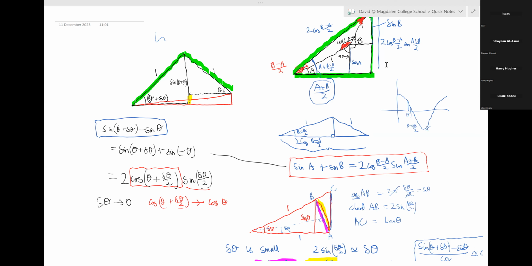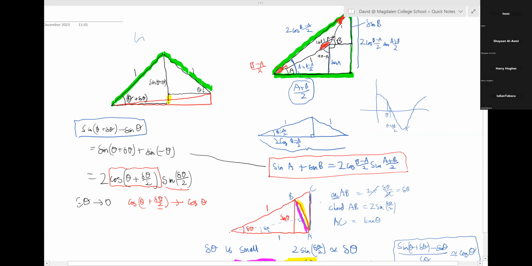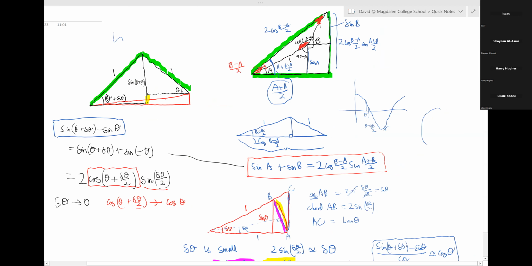And similarly, approximating this chord by the arc length is a good approximation if I pick two points on the circle that are close. But if I pick two points on the circle which are far apart, like 90 degrees, it's clearly much further to go round the circle than it is to cut across in a straight line.